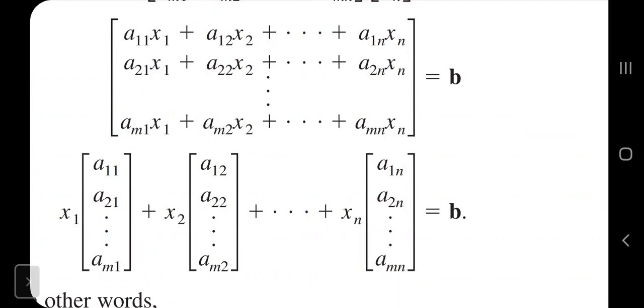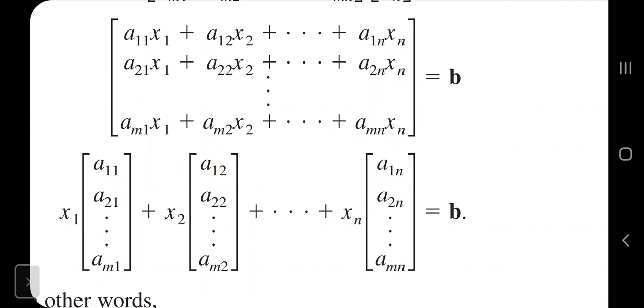What I'm doing here is easier to understand if you look at it backwards. If I start with the equation on the bottom and look at the first skinny matrix, the column A11, A21, dot, dot, dot, AM1, and multiply that by a scalar, treating this variable like a scalar, I get a new matrix, which is A11 X1 plus A21 X2, and so on.